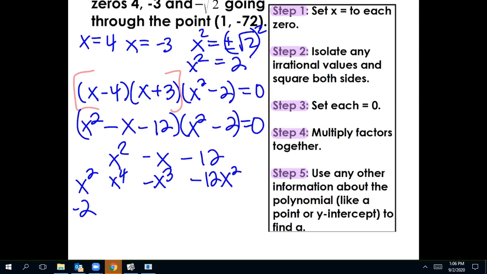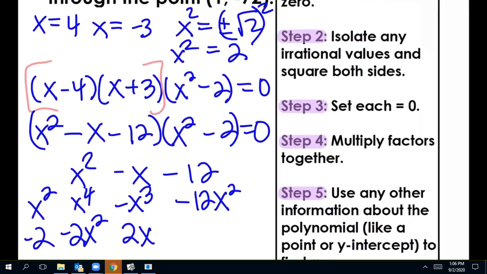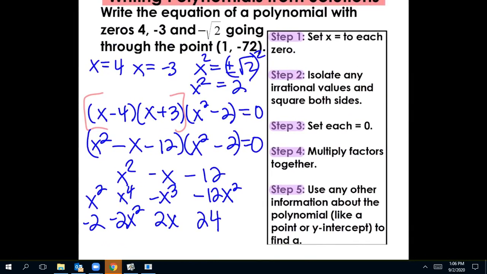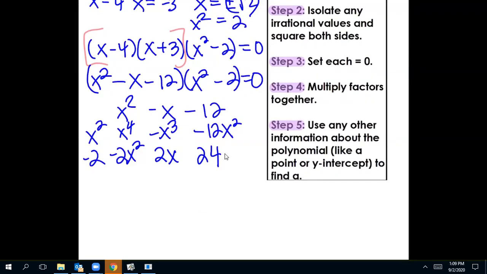I honestly just set up a box format. I don't draw all the lines or anything. I just need it to help me do the work there.